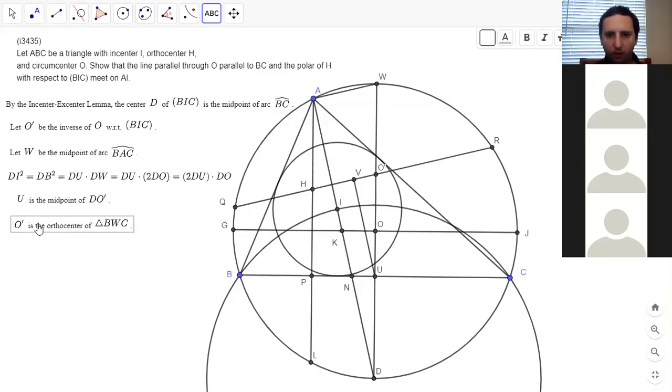So how does that help? Here's a direct formula for computing the length AH.